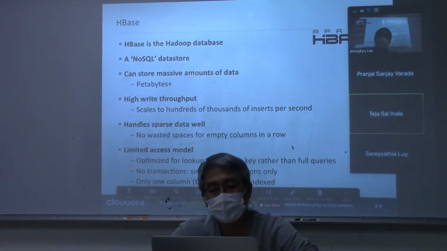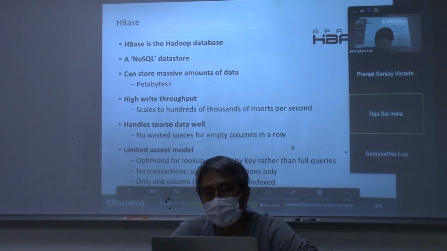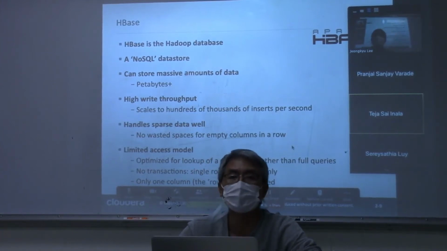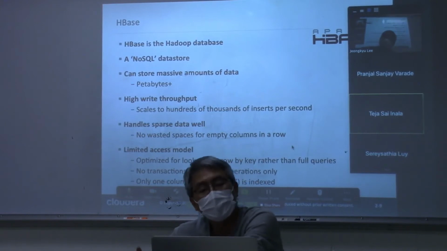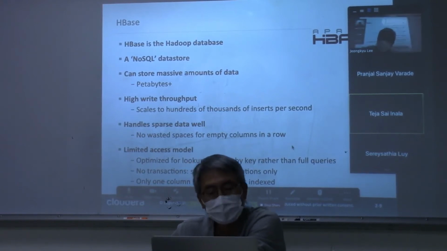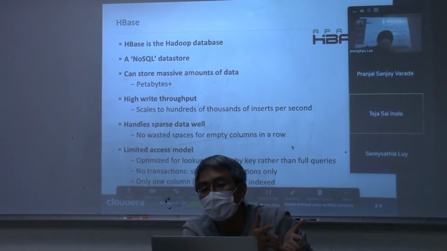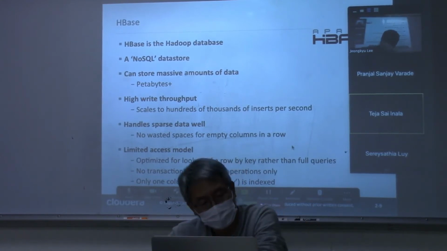For example, when you install Oracle, it actually recommends at least 50% of your physical memory as the shared memory area, or the system global area, SGA.